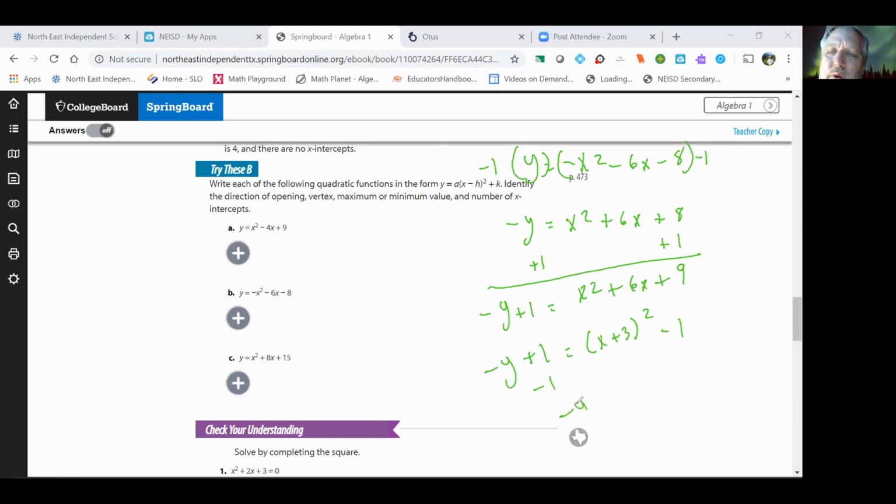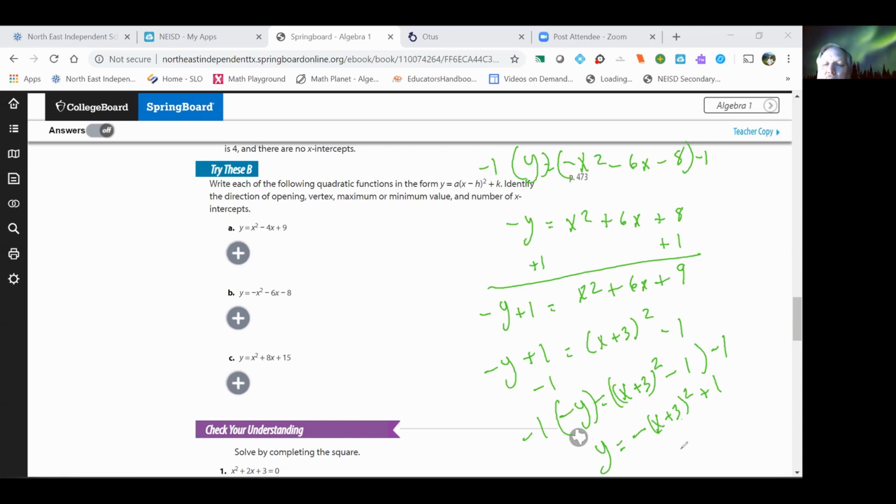I'm going to get negative y equals x plus 3 squared minus 1. Now the last step is to get rid of the negative y. So I'm going to go ahead once again, and I'm going to multiply both sides by negative 1. So that's going to be a positive y is equal to negative x plus 3 squared plus 1. And so that's our answer in vertex form.